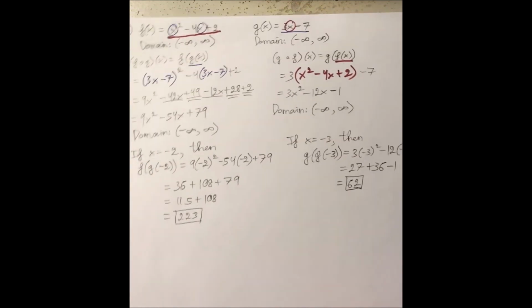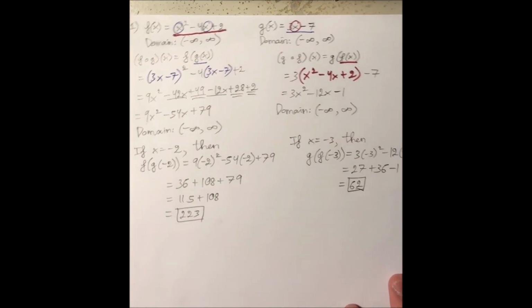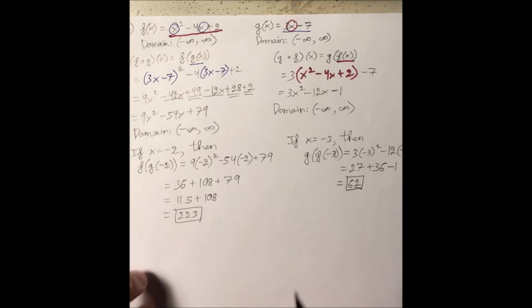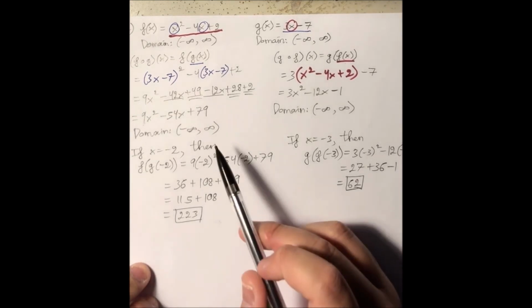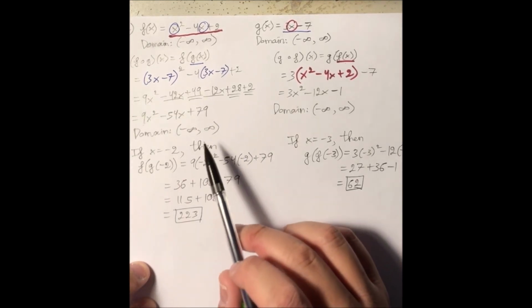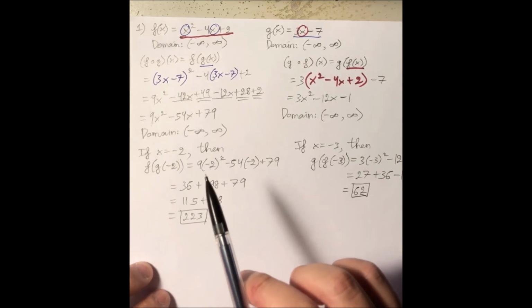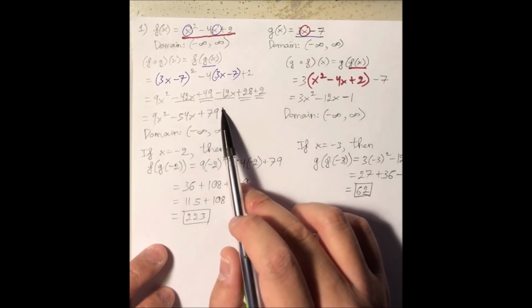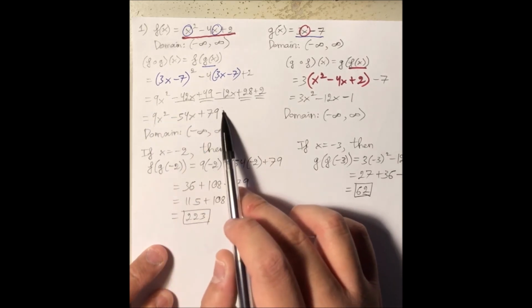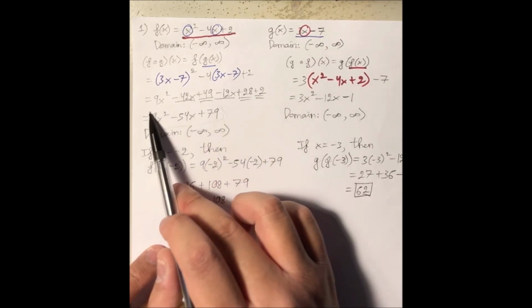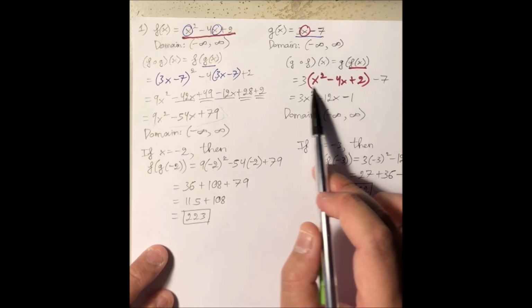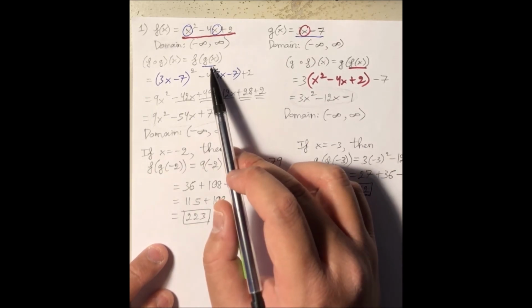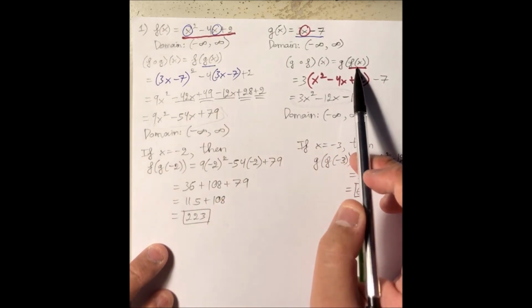So the key takeaway, or should I say the most important thing, or the most difficult thing, is finding the domain of the result. In composition of functions, when you find the domain of the result, you must include the restriction of the function that you come out with after you do the composition, and the restriction of the inside function as well.